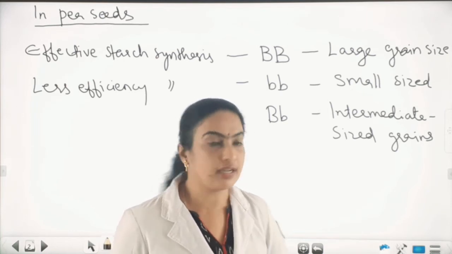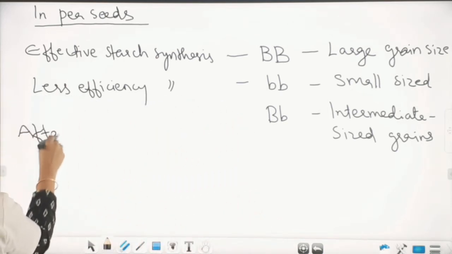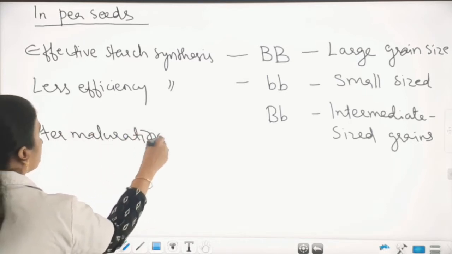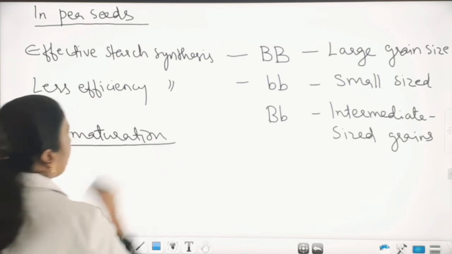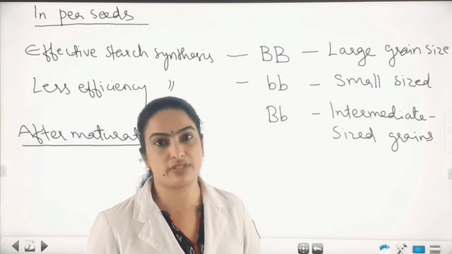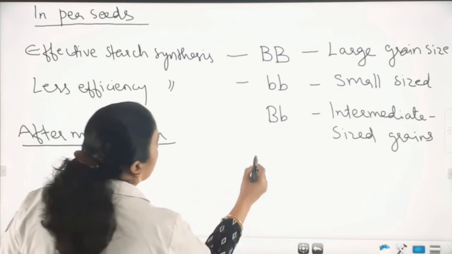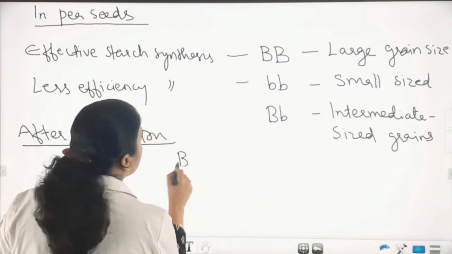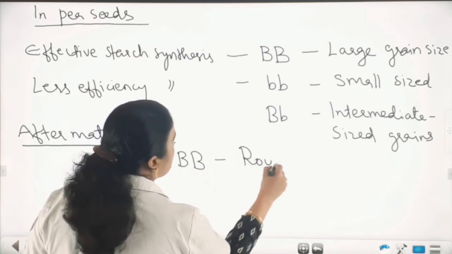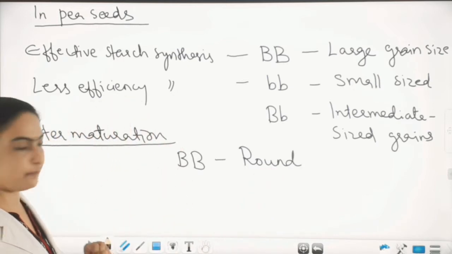Is it clear? And after maturation, the seeds show their exact shapes. When we consider the shape, capital B shows a round shape. They are round shaped seeds. Okay.